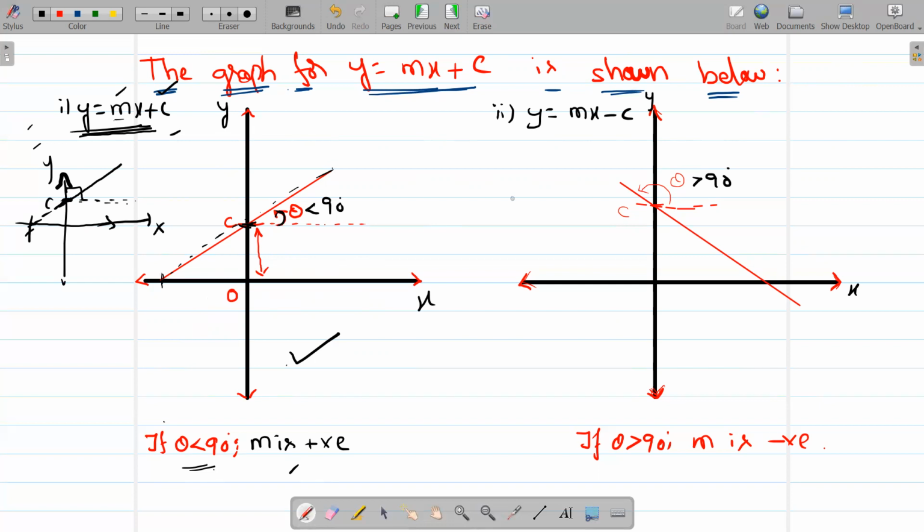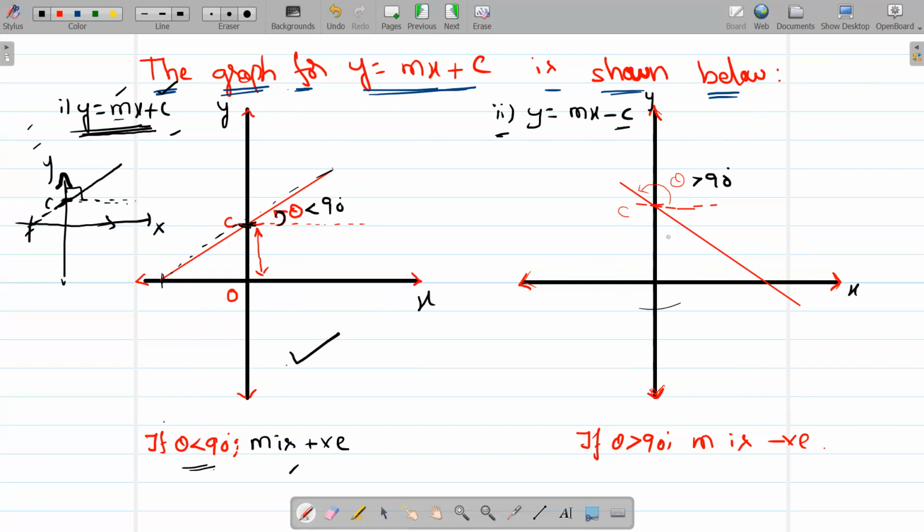In the second case, let us see another possible case, that is y equal to mx minus c. Here c, the y-intercept, is negative, which means we should have the intercept on the negative y-axis. So for y equal to mx minus c, c should be negative. Is this graph correct in that case?